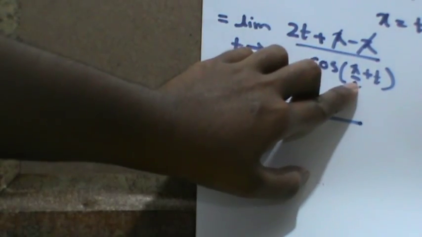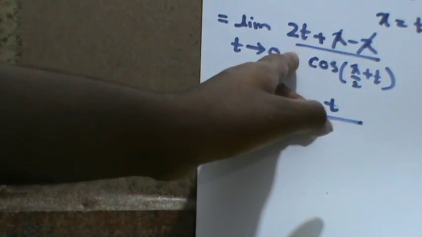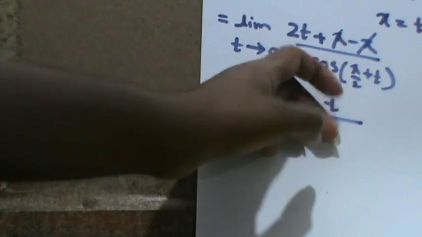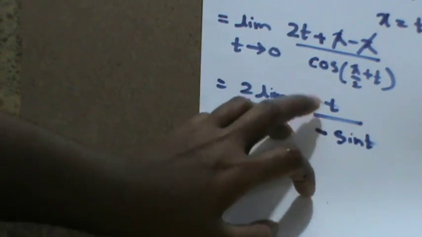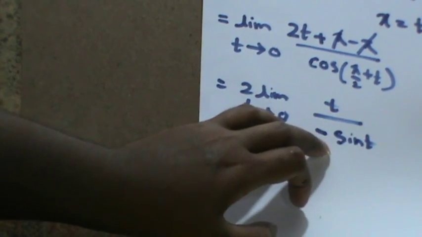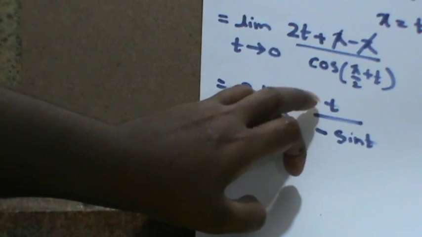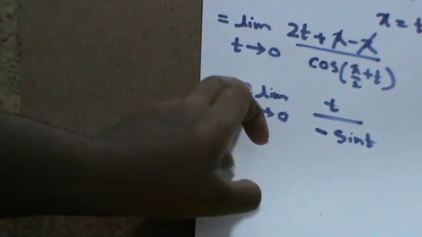You know that cos 5 by 2 plus something is sine of that angle, but you get a minus here. So cos 5 by 2 plus t is equal to minus sine t. So this is minus sine t, right? Plus divided by minus is minus. So this is also equal to minus t by sine t. You can take the minus 1 out and multiply it here. That will be 2 times minus 1, which is minus 2.